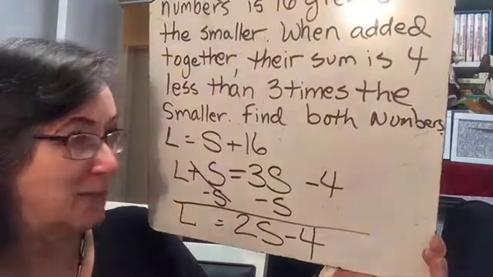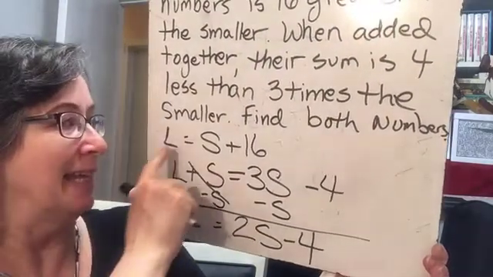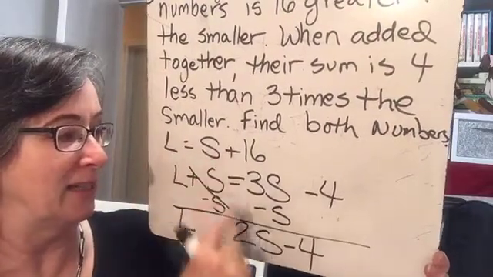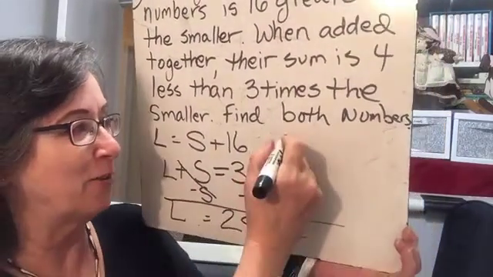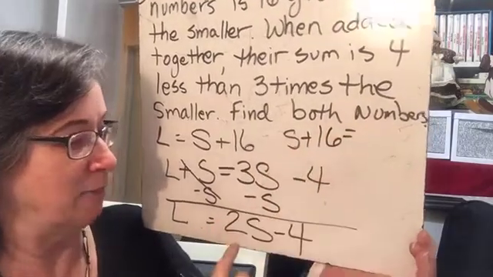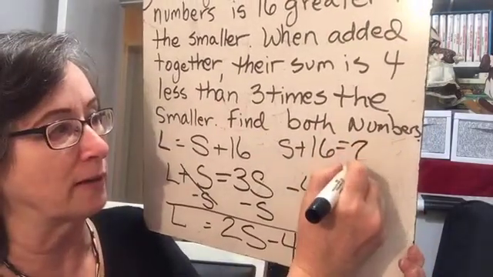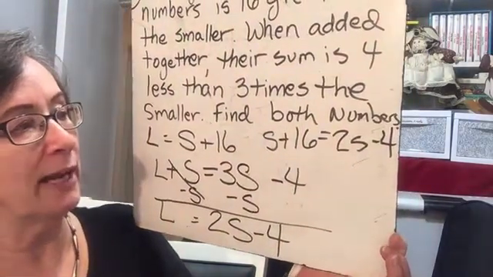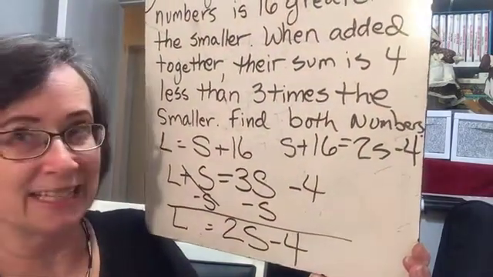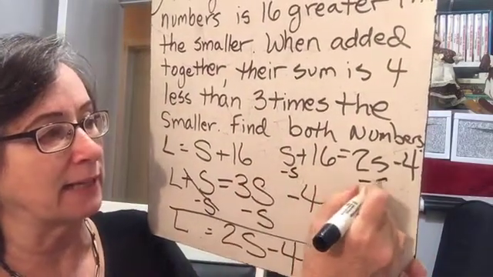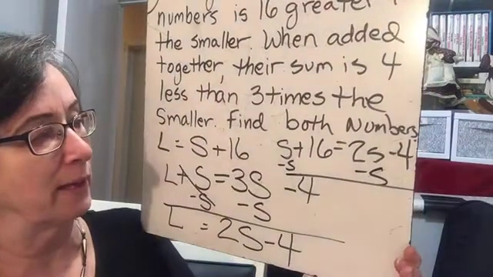Okay, so I'm substituting the L's for the L's. So I'm setting these two equal. That means that S plus 16 is the same as 2S minus 4. Okay, so now because I'm trying to get the S's in one place, I'm going to go ahead and subtract an S and subtract an S, so I just have one S in the equation.